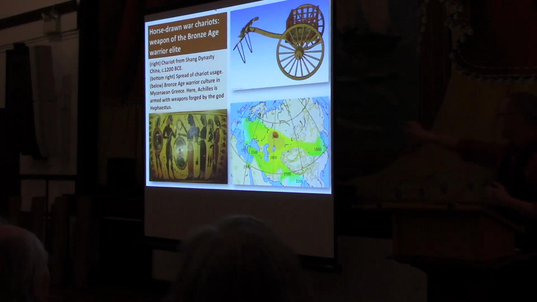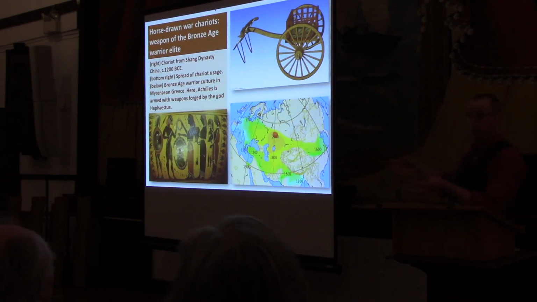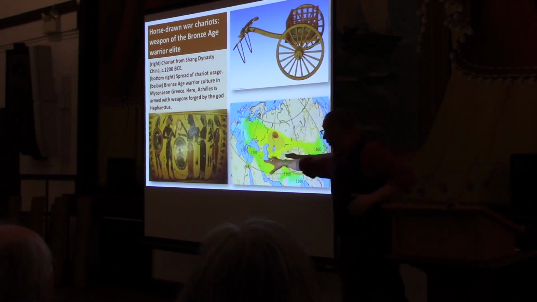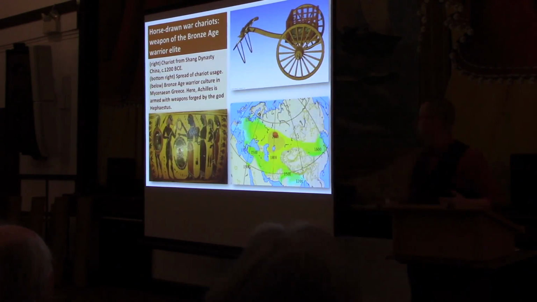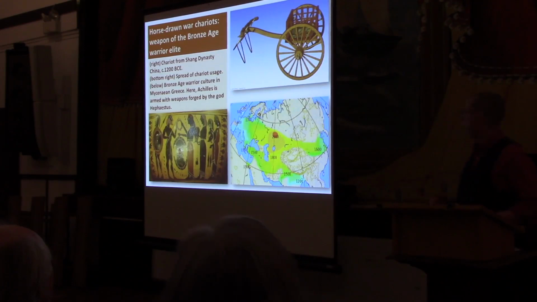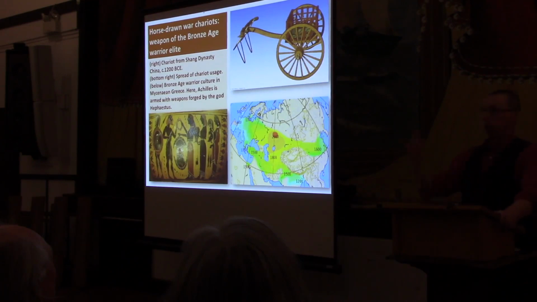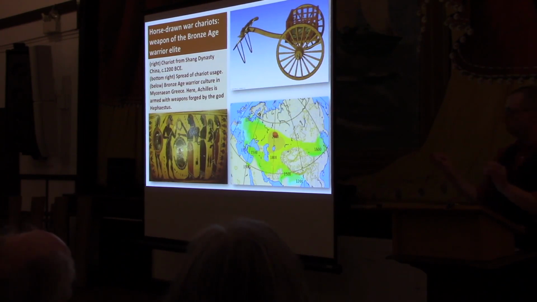The map, starting in about 2000 in Central Eurasia, you're going to see a diffusion of Bronze Age chariot technology, particularly into the Middle East, into Anatolia, into Egypt, into China by about 1600 BCE, into northern India, and into Europe. So a very broad diffusion. These are Bronze Age societies.